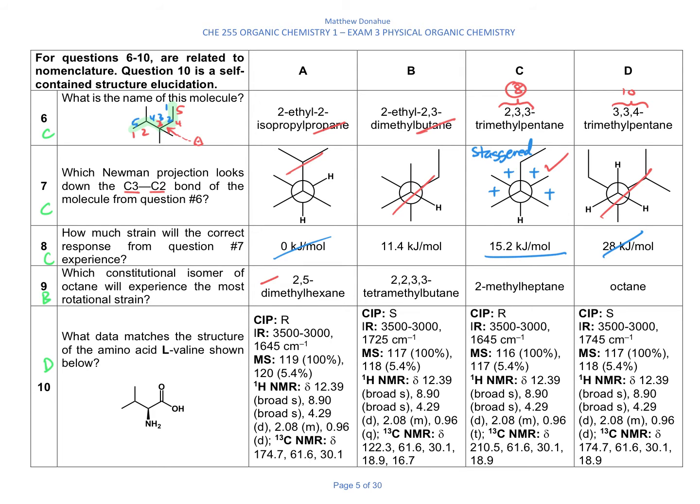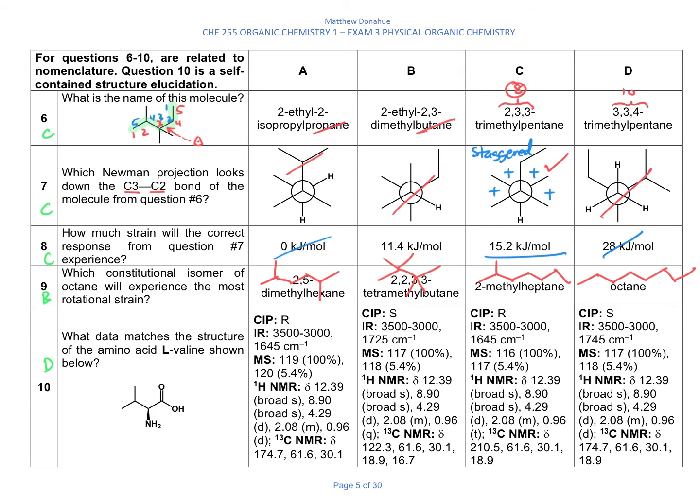So we draw out 1, 2, 3, 4, 5, 6. 2, 5. 2,2,3,3-tetramethylbutane. So there's butane, there's 2,2,3,3. Wow, that one looks pretty congested. Heptane, 1, 2, 3, 4, 5, 6, 7, 2. Octane, 3, 4, 5, 6, 7, 8.